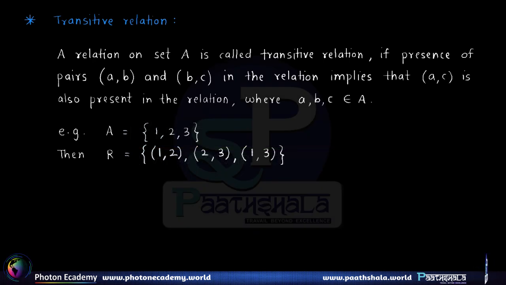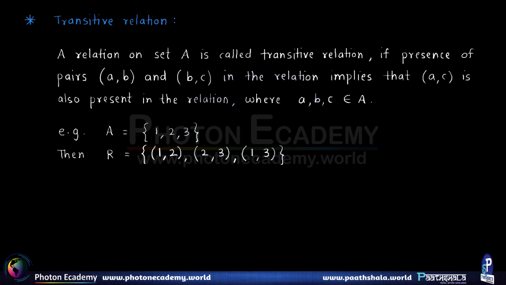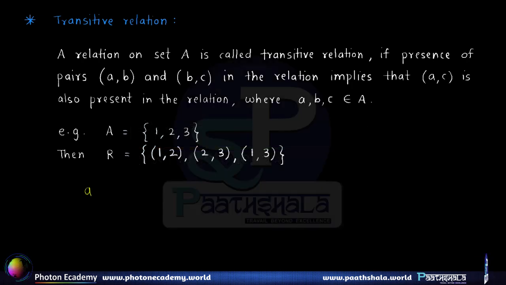A relation on set A is called transitive if the presence of pairs (a, b) and (b, c) in the relation implies that the pair (a, c) is also present in the relation, where a, b and c are elements belonging to set A. In simple words, we say in day-to-day life that if A implies B and B implies C, then A also implies C, right?